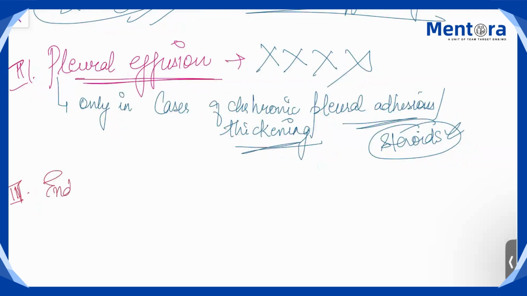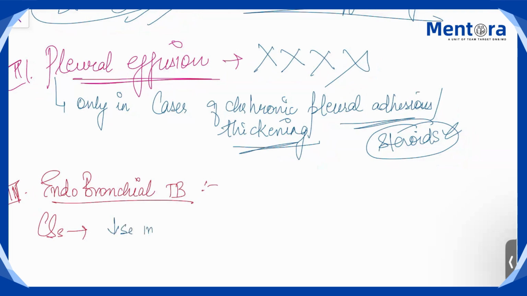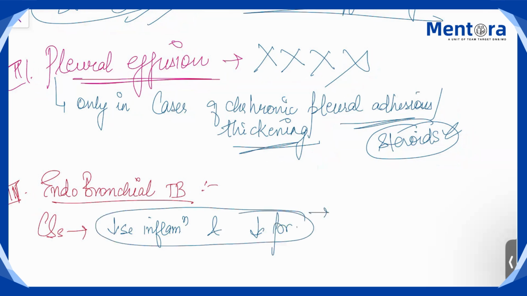Third, sorry, 3 तो हो गए. Fourth, endobronchial TB. So endobronchial TB में yes, corticosteroids are important. So these corticosteroids in case of endobronchial TB, they are used to decrease the inflammation and decrease the pressure. और क्यों inflammation और pressure यहाँ पे आपको decrease करने की जरूरत है? क्योंकि endobronchial है, bronchus को already obstruct कर रखा है.